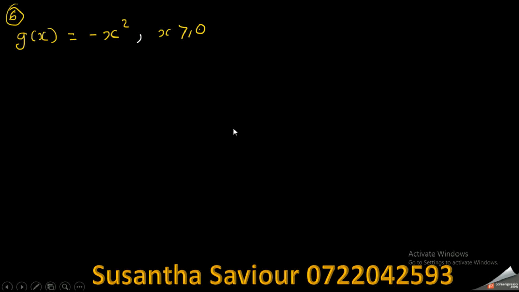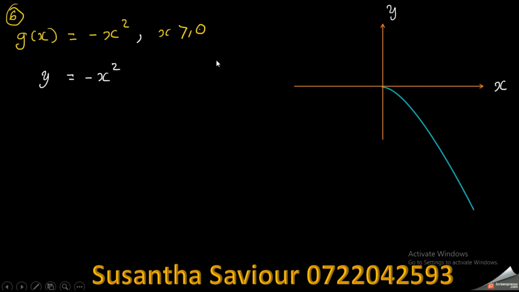So we will try and see. g(x) is equal to minus x squared, right? And then we will try to plot this. So sketch this, and this is the positive side, right? Earlier we drew the negative side. Now it is the positive side because our domain is positive x's, right?